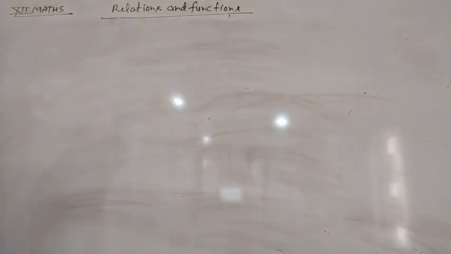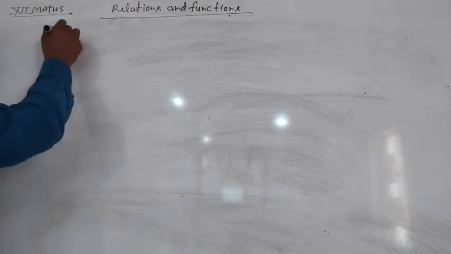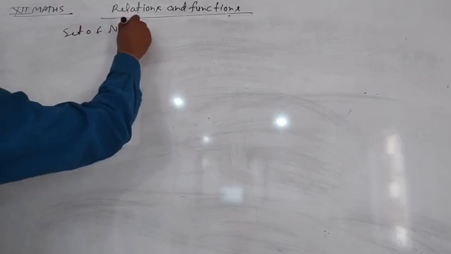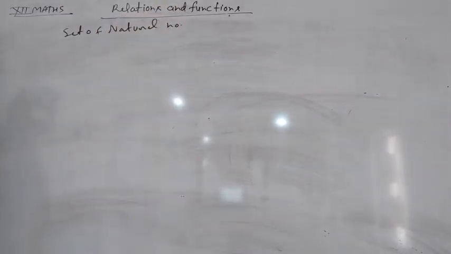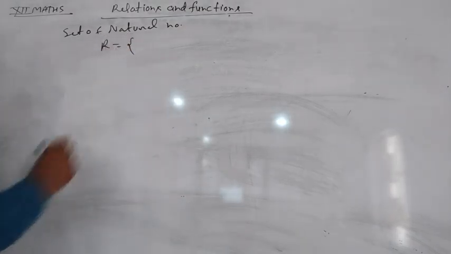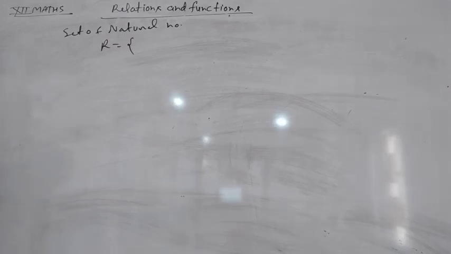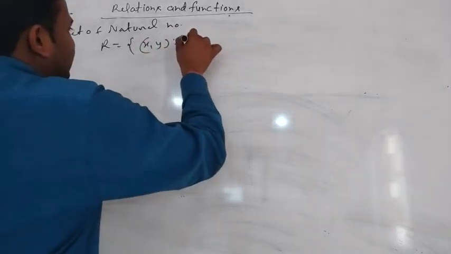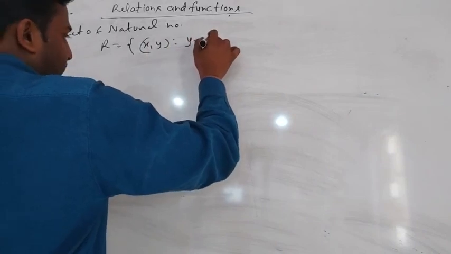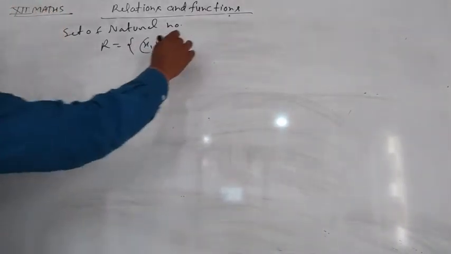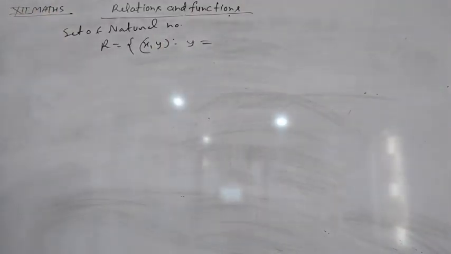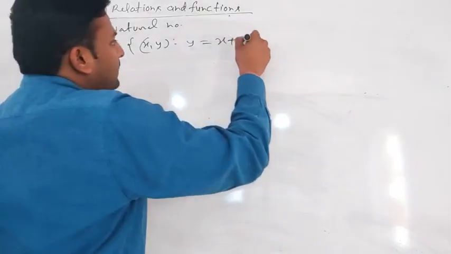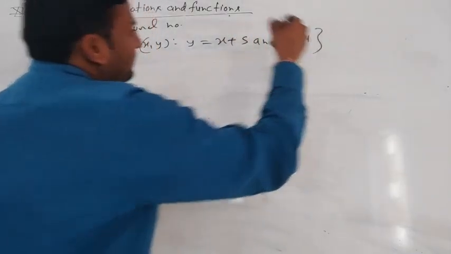Our next question: check the relation on the set of natural numbers defined by R = {(x, y) such that y is equal to x plus 5 and x is less than 4}.